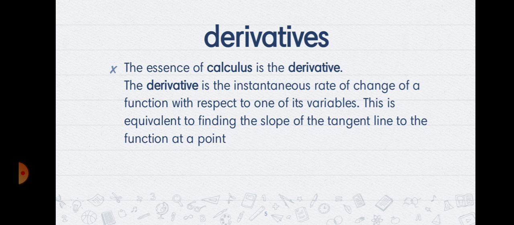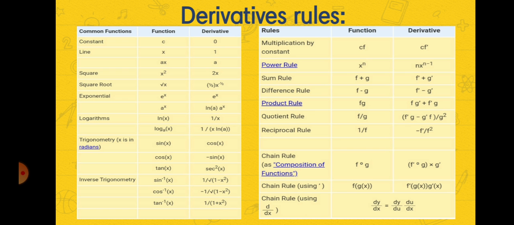So, it is going to find the slope of a tangent. So, there are derivative rules. As you can see, there are some common functions and the derivatives of each, or the rules for solving derivatives.